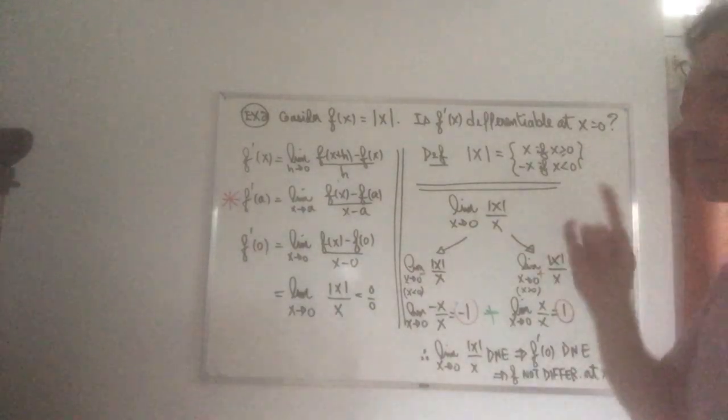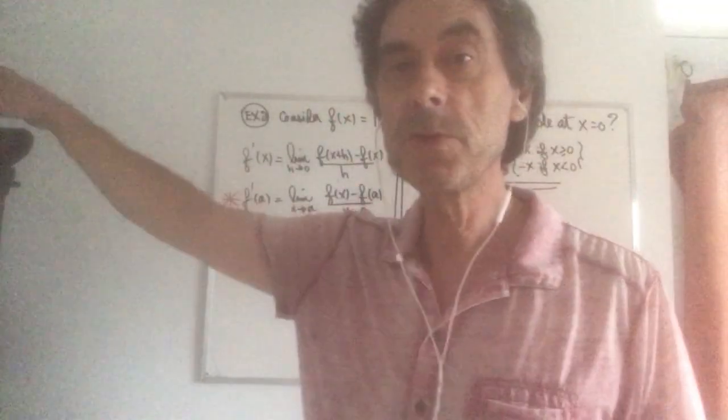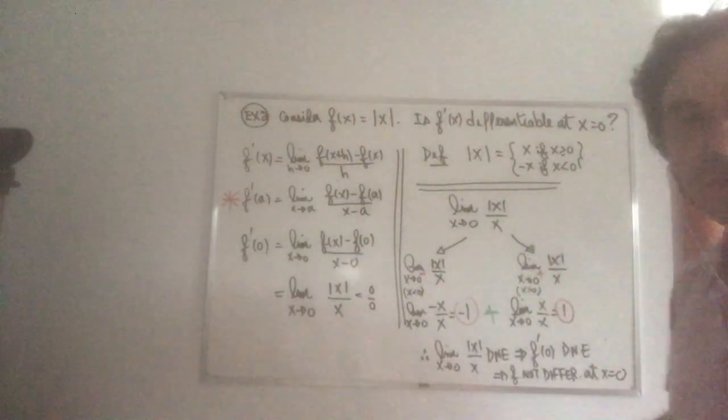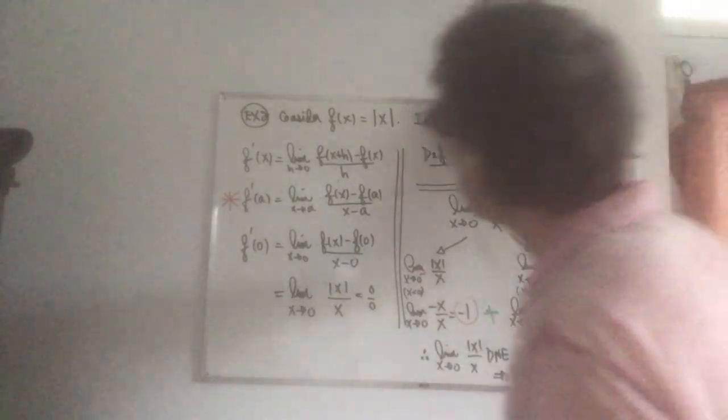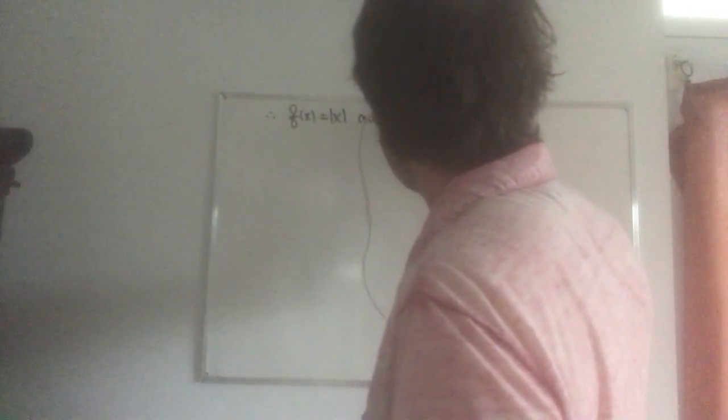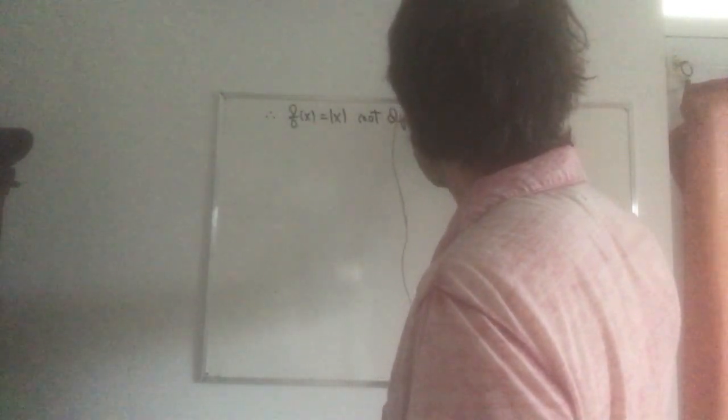Very nice. Let's just consider, for our last conclusion on this, the graph of the absolute value of x, just to conclude this little video on differentiability. So conclusion, f of x equals the absolute value of x is simply not differentiable when x is 0.